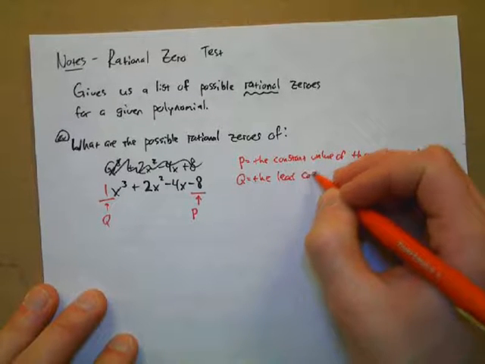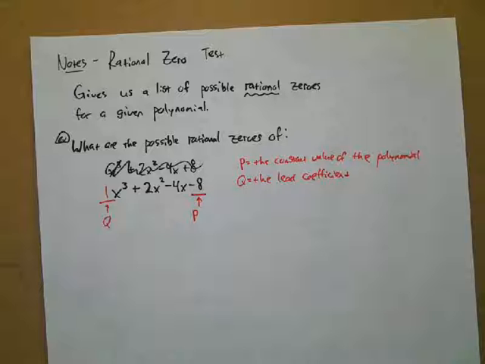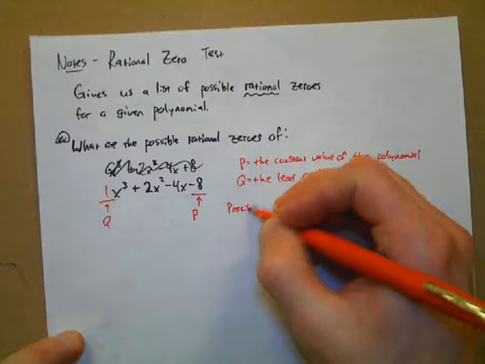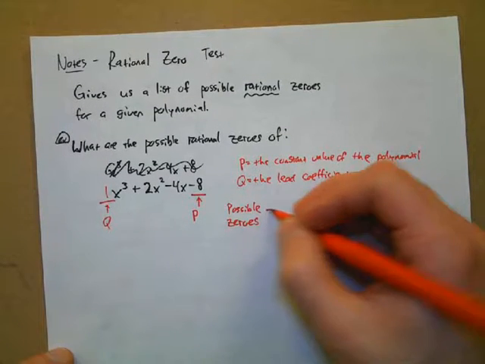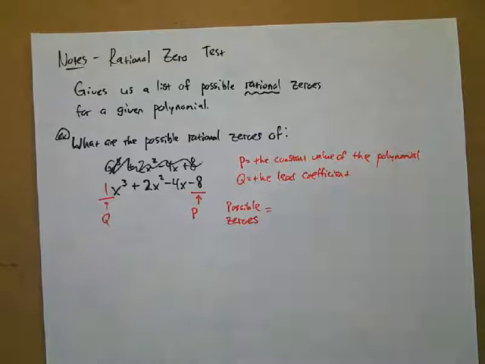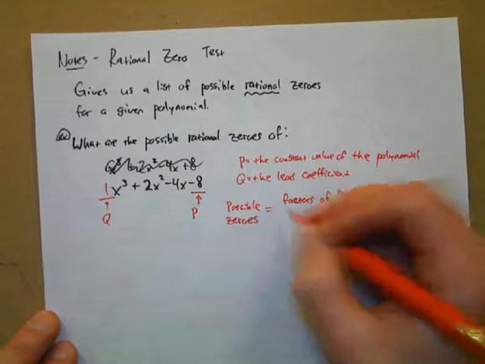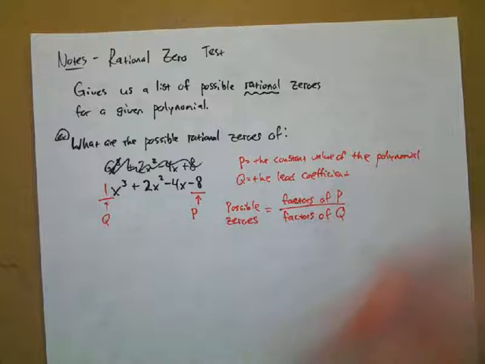And the rational zeros test says that the possible zeros will be equal to factors of P divided by factors of Q. Factors of P over factors of Q. So all those different factors of P over all those different factors of Q are all of the possible rational zeros.